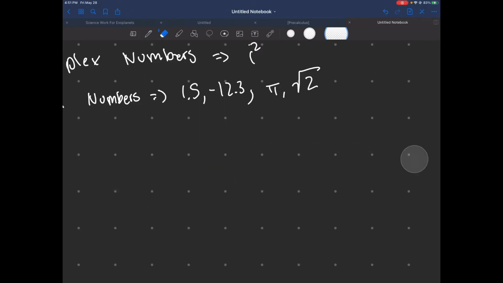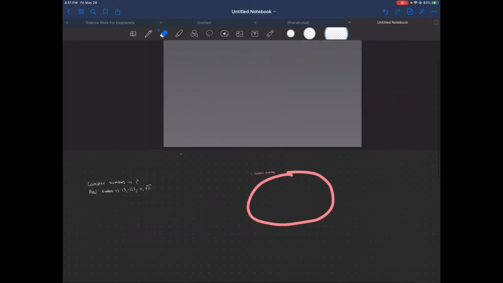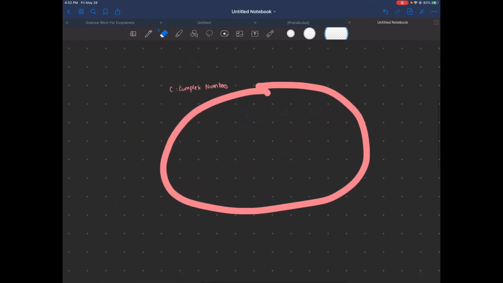So all of these numbers are going to be in the complex group. Why are they going to be in the complex group? Because these could be written as multi-terms, a plus bi. So let's create this.